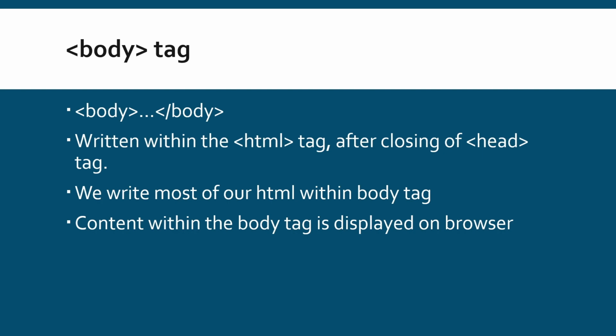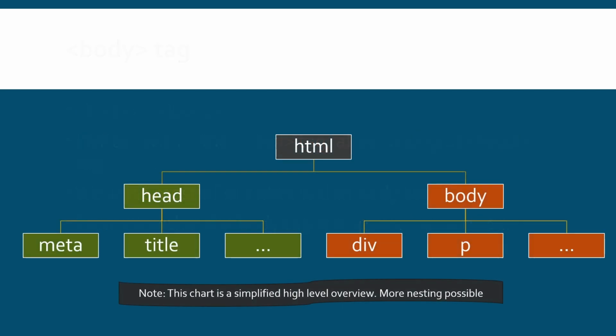You may wonder if switching the body and head tags, writing the body first and then the head, will work or not. Most browsers may load it correctly, but it is not a valid way to do it, so do not do it.